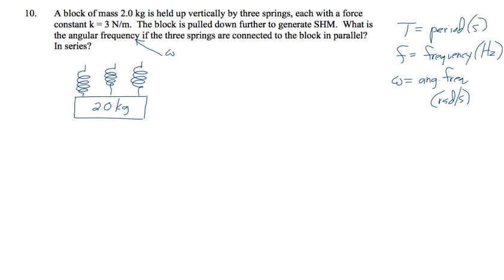So we have a very simple formula for that. The angular frequency is just the square root of k over m. That's our formula. So all you need to do is get the k and the m. Now, if it was the period, let's say, because I know in the A version, I didn't ask for the angular frequency, I asked for the period.